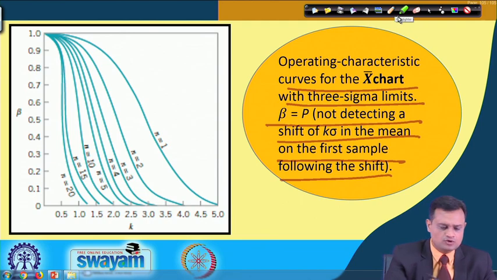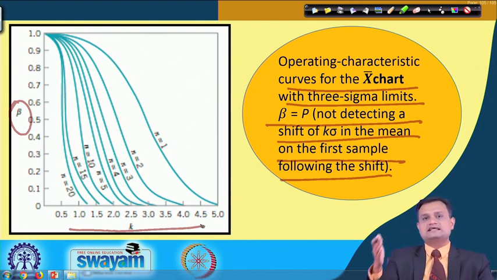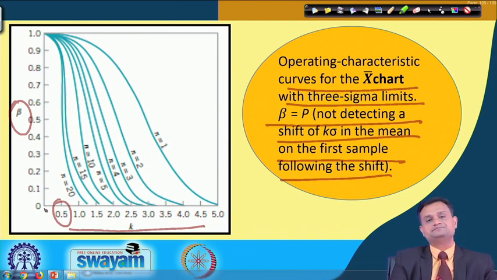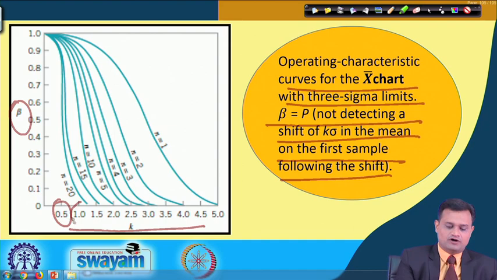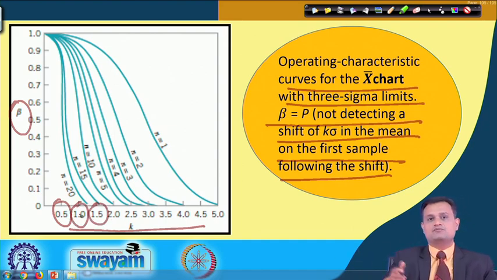So you have beta, and these values you can compute as we have seen in the sample calculation. This is K. So what does it mean? There is K sigma shift. When I say 0.5, it means you have 0.5 sigma shift in mean, 1.0 means 1 sigma shift in mean, 1.5 means 1.5 sigma shift in mean, 4.5 means 4.5 sigma shift in mean.